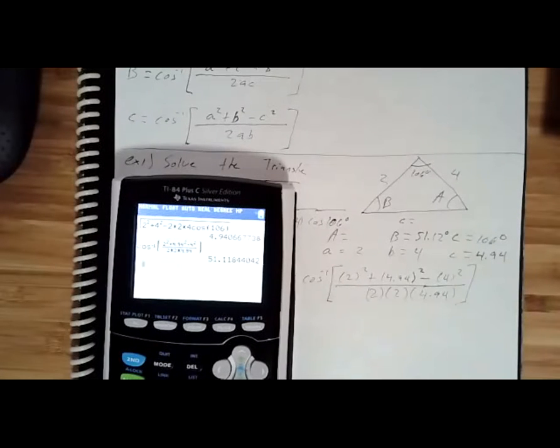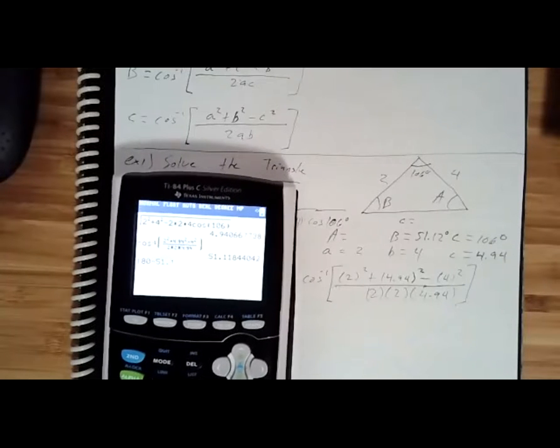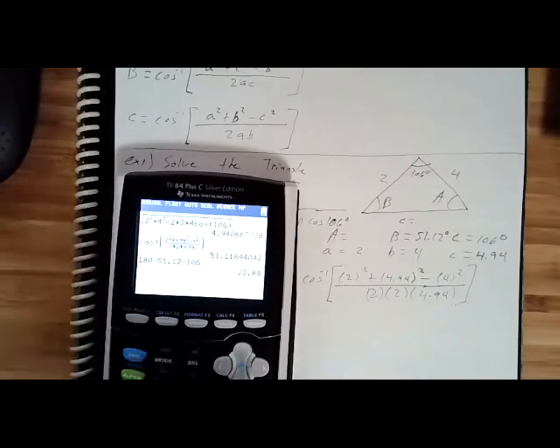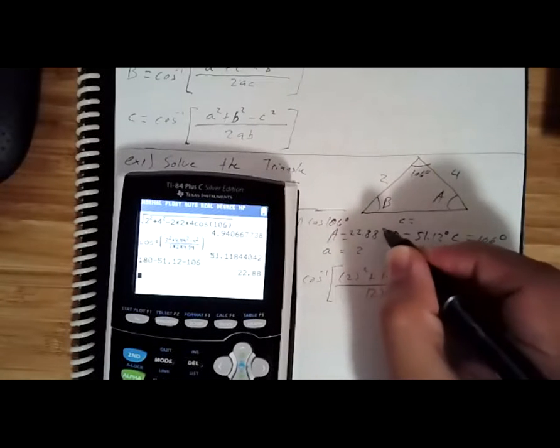And if you have both of those, just subtract from 180. 180 minus 51.12 minus 106. So the last angle will be 22.88 degrees.